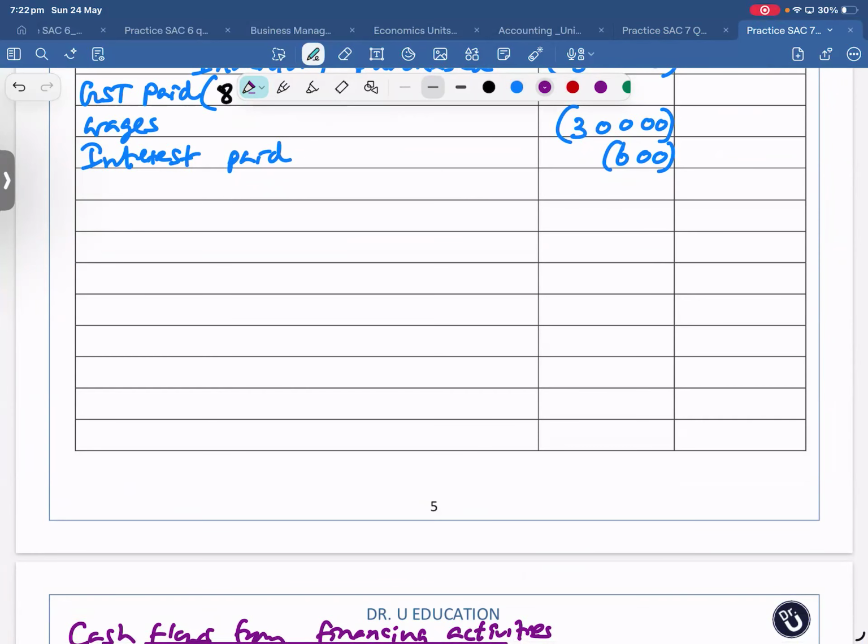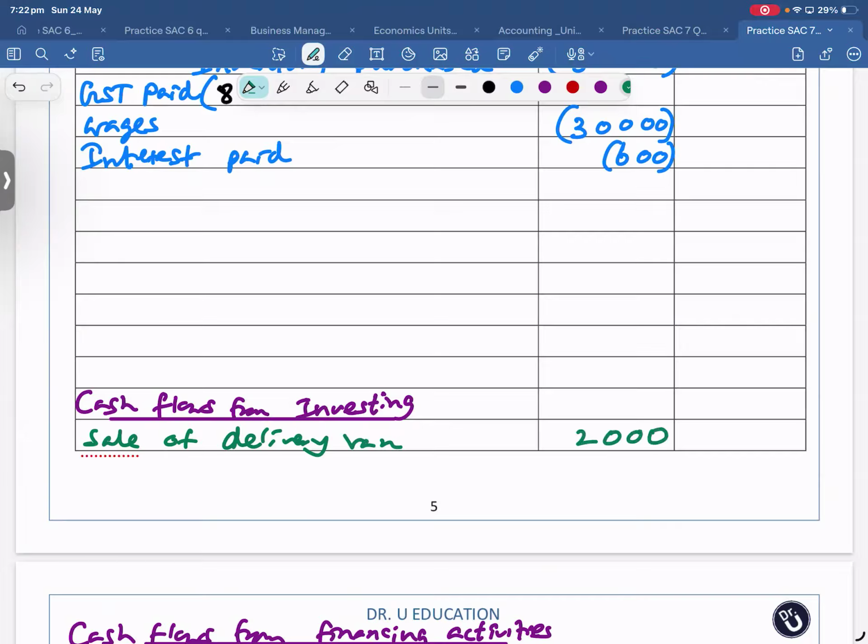Report it here: cash flows from investing. Sale of delivery van 2,000. Positive.